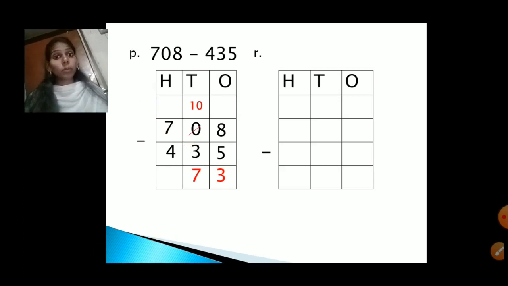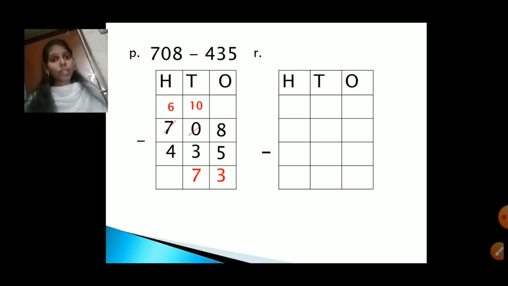Okay, now we borrowed from the 100 place also. Means we borrowed from 7. So we will cut 7 minus 1. So 7 minus 1 equals to 6. So we will cut the 7 and instead of 7 we will write 6. Now which number we will subtract from which number?